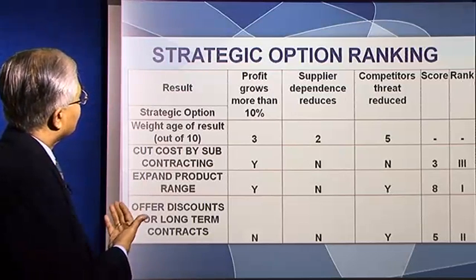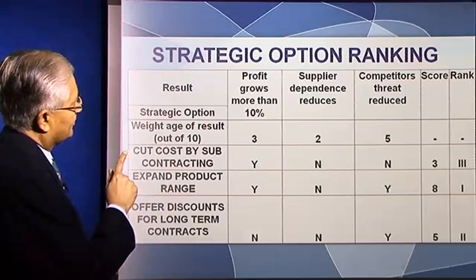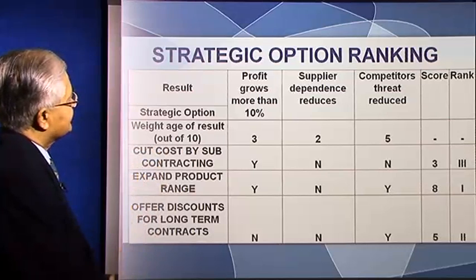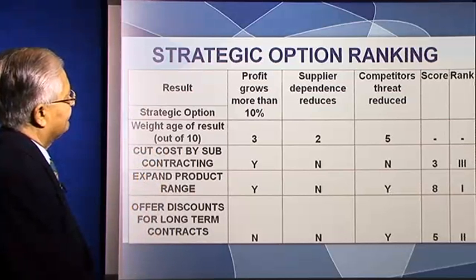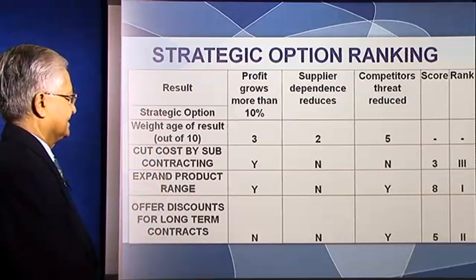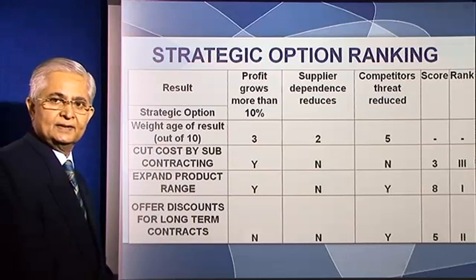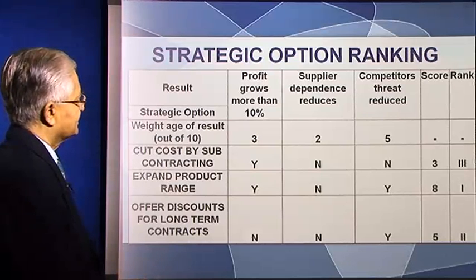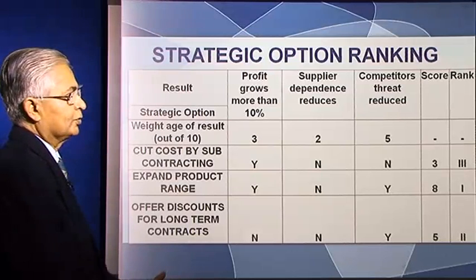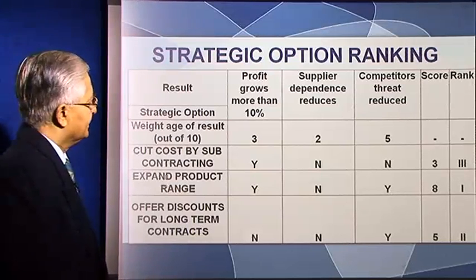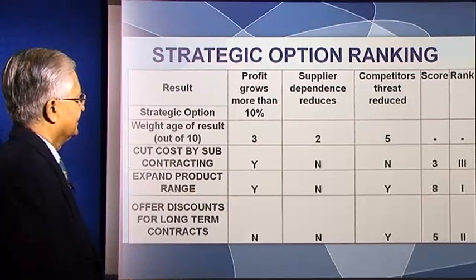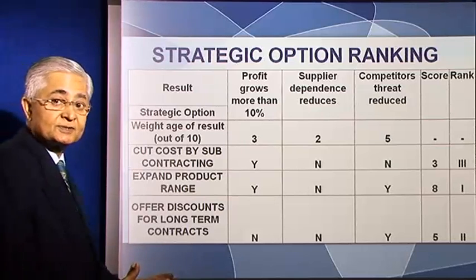Now, what are the result areas on the x-axis? One result area is that the profit grows by more than 10%. The important thing in this result area is revenue growth, of more than 10%.